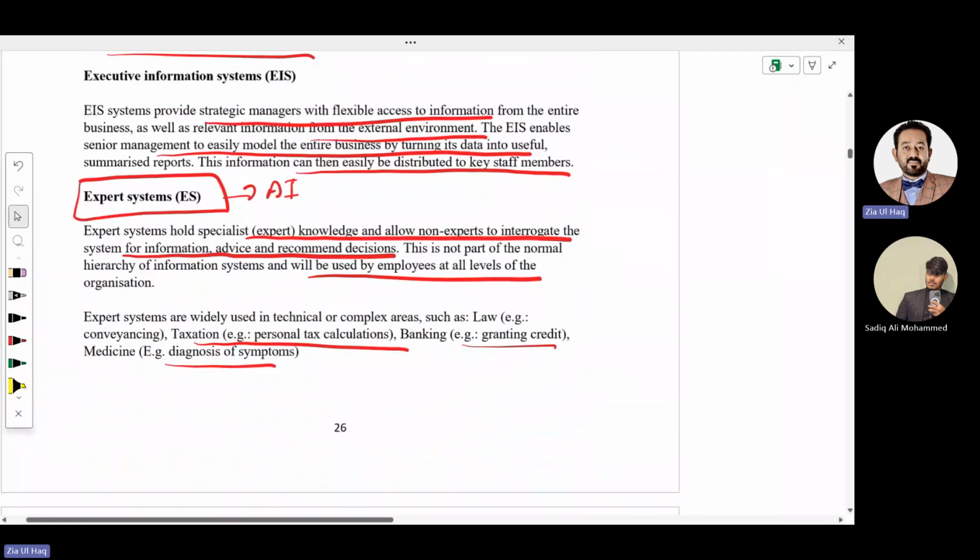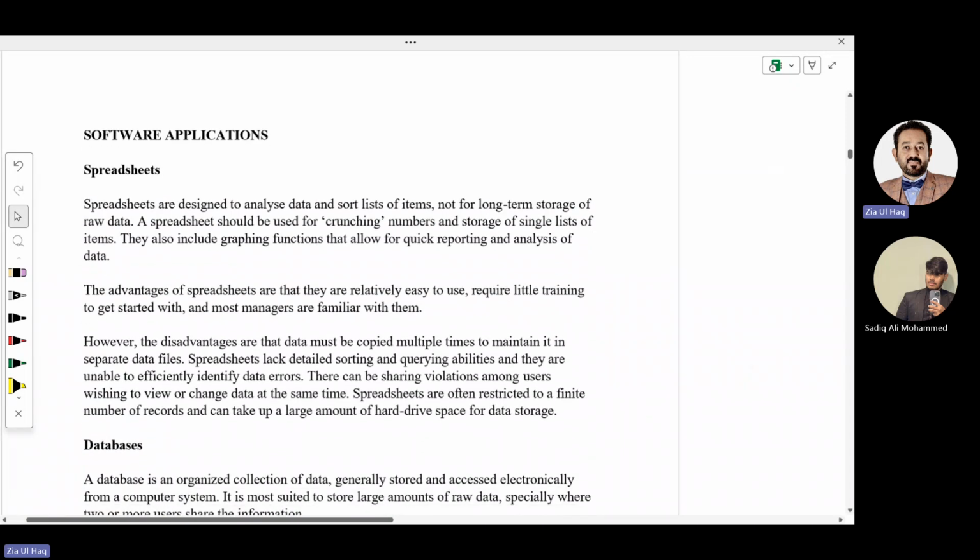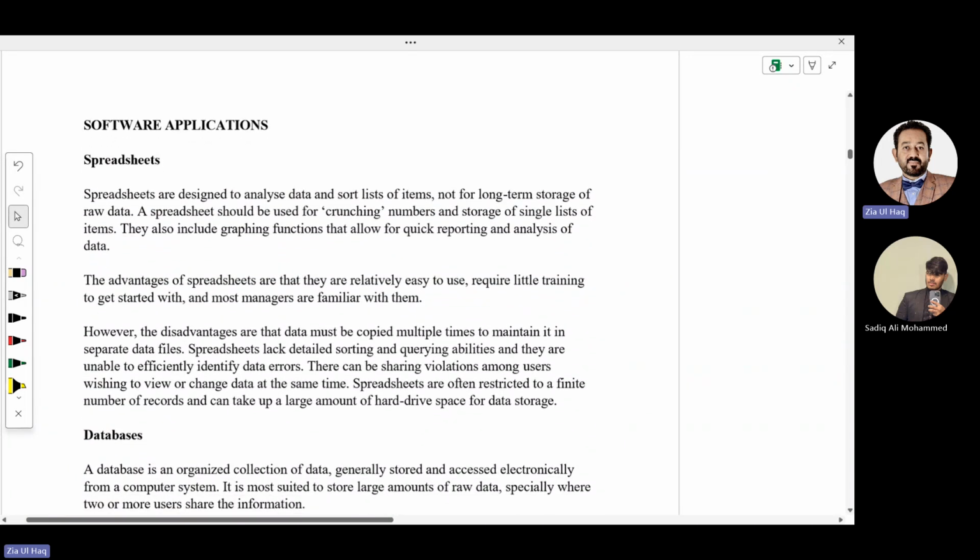Now we are moving towards the different software applications that businesses use. Out of those, there is a software called spreadsheet. Spreadsheet is Microsoft Excel, where there are different columns and rows, meaning cells. In cells, you enter the data. There is a formula bar so that you can make calculations. And based on the columnar data, you can produce graphs as well.